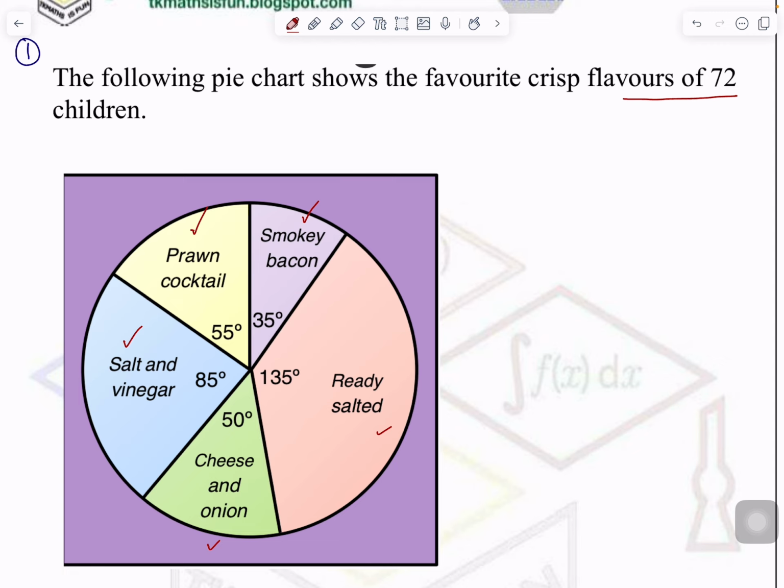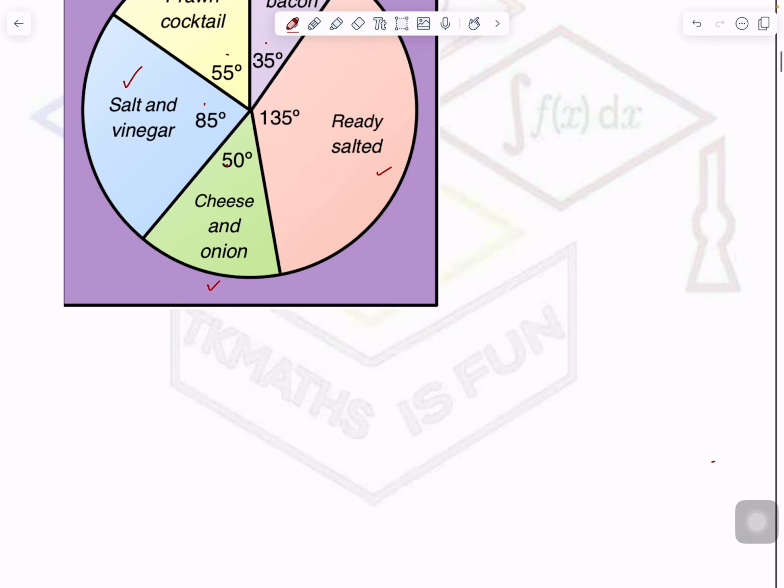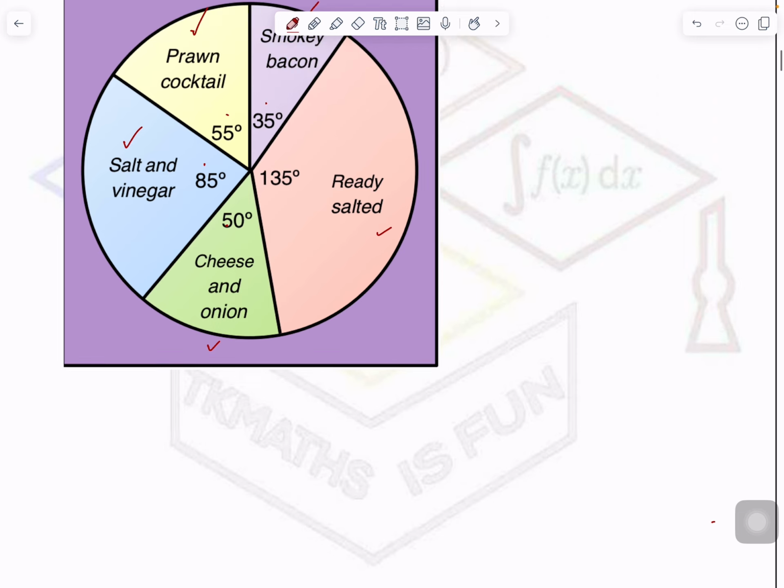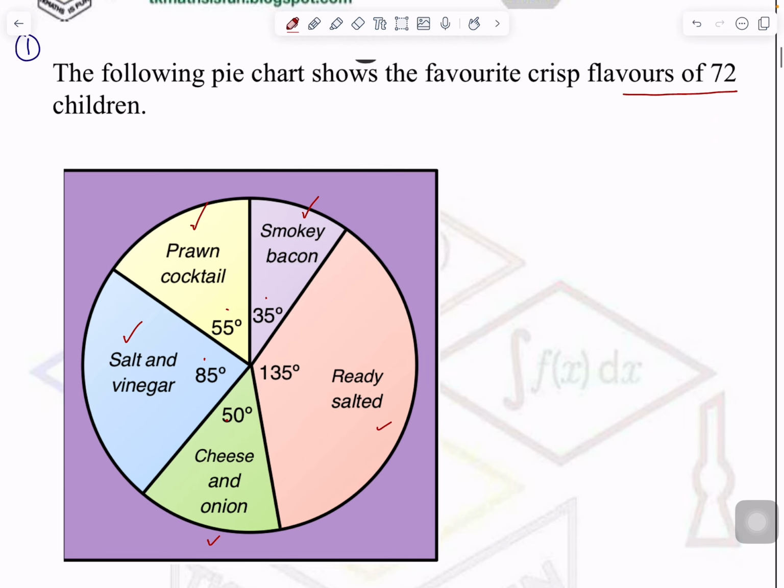So you know their degrees. But this is not telling you how many students are liking it. So what is the technique to figure it out? Because the next question can be, which I have not put it up here, because I am building up the concept here. So I can say how many children like smoky bacon.